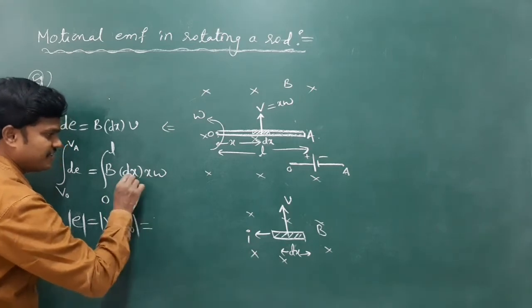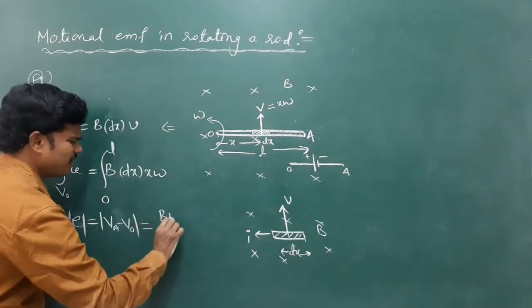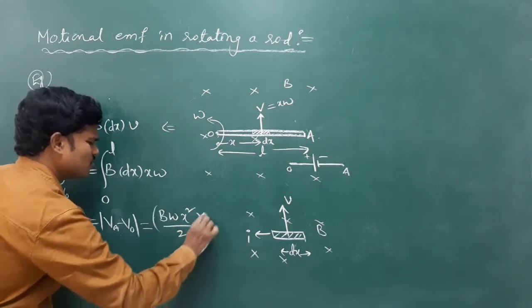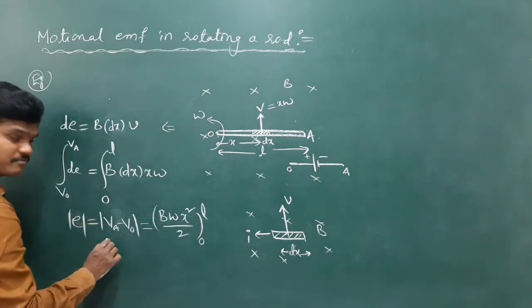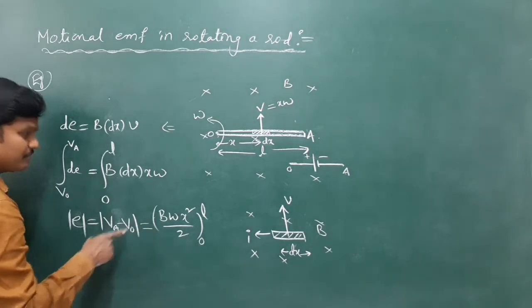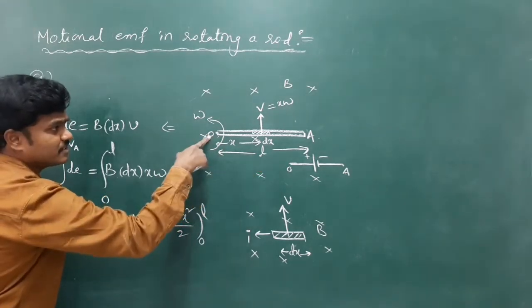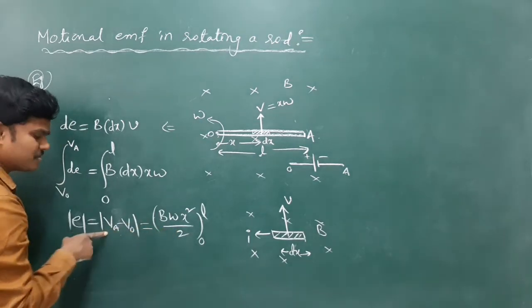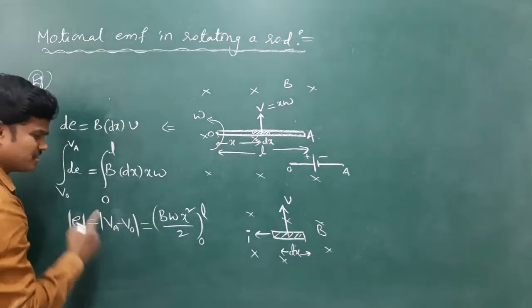Integration of x dx, x square. So B omega x square by 2, limits 0 to L, and this is EMF. Actually, we will get negative, because O is at highest potential, so VO minus VA is positive. Anyhow, I have taken magnitude, so there is no problem.